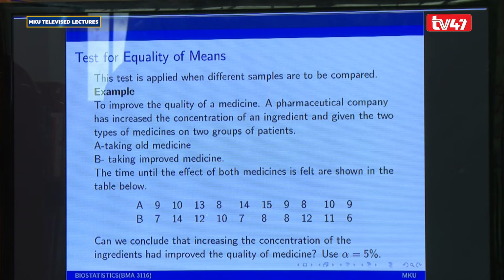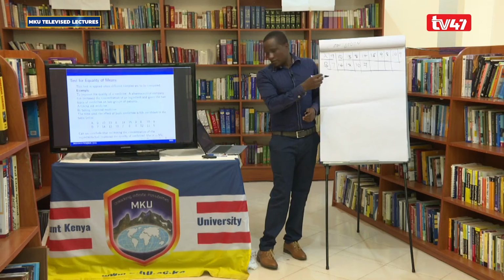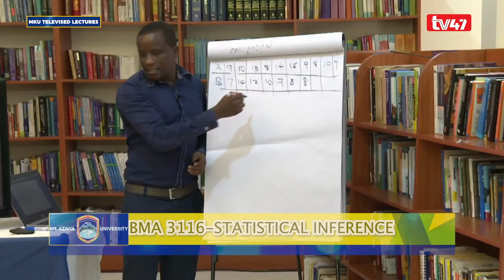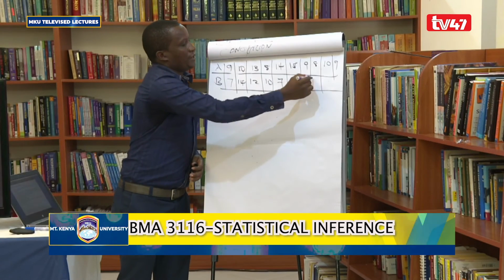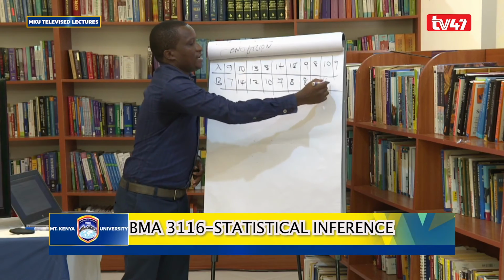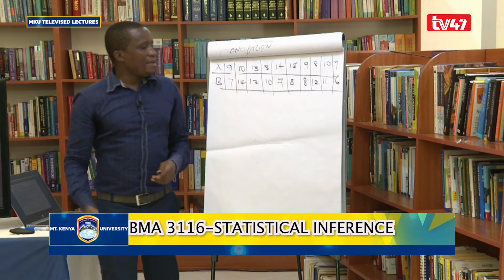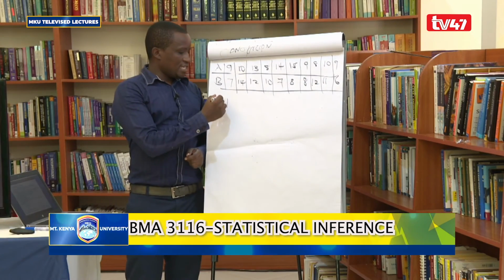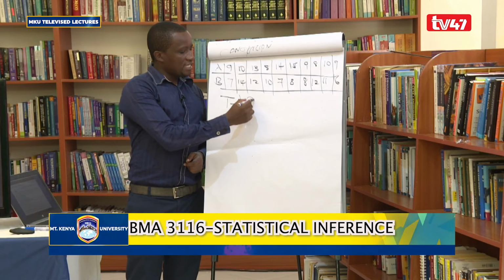So the other set of data is 7, 14, 12, 10, 7, 8, 8, 12, 11, and 6.